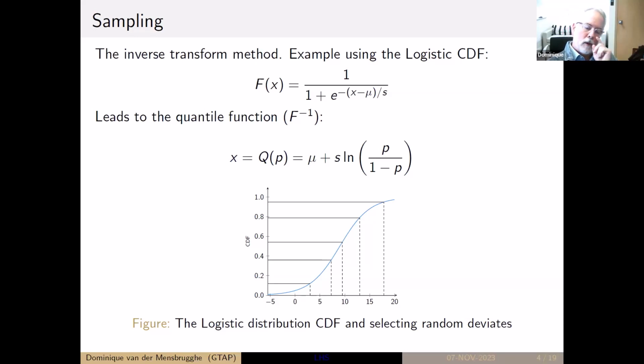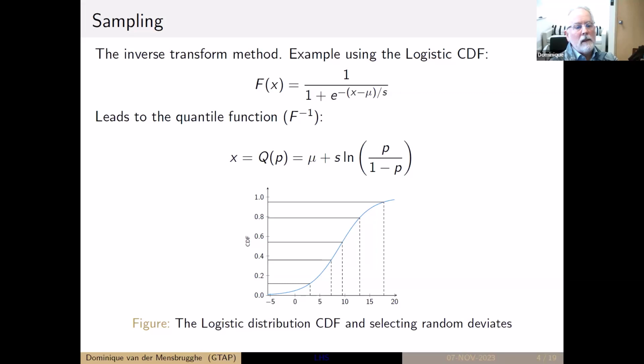So if you look at the graph there, you sample on the uniform distribution. That's the y-axis. So you're sampling between 0 and 1, and then using that inverse function, you can get your sample random deviate. If you look at the top line there, it's roughly 90%, 0.9 is a probability.